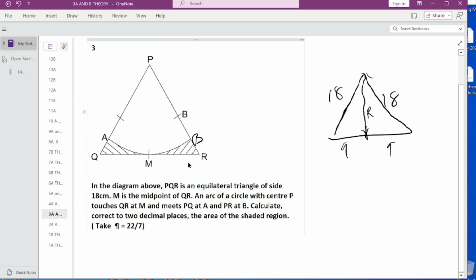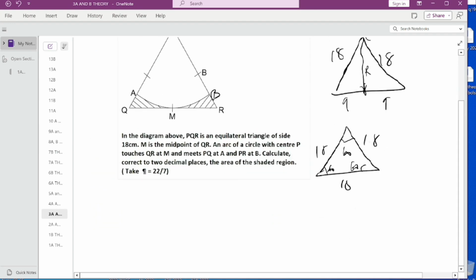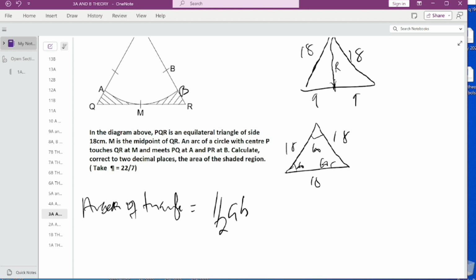The formula for the area of the triangle, given what we have, 18, 18, 18, with 60 degrees since it's equilateral. The best formula to use to solve for the area of the triangle in this case is area of the triangle is half ab sine C. So you take 2 sides and the angle between them, which is 60.